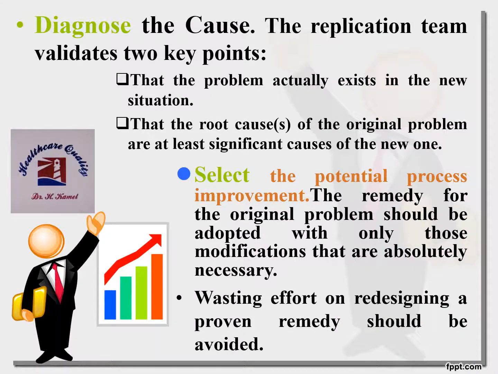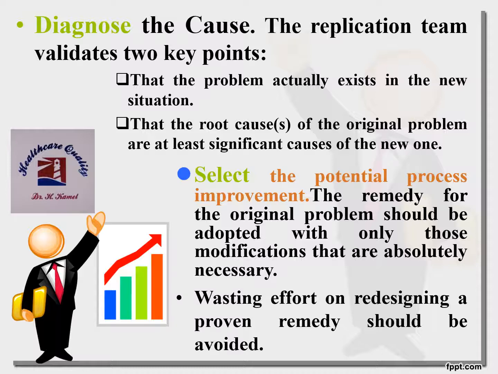Diagnose the cause. The replication team validates two key points. Does the problem actually exist in the new situation? And are the root causes of the original problem at least significant causes of the new one? Select the potential process improvement.